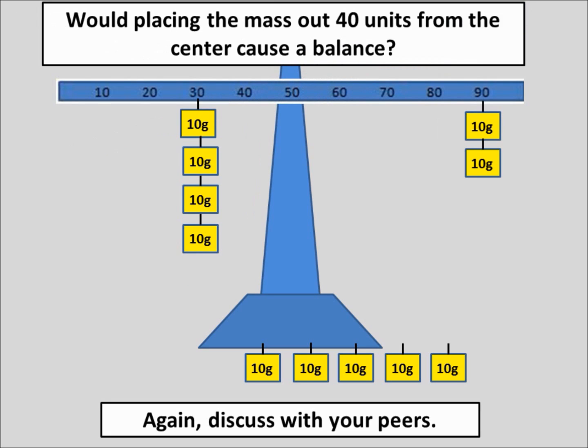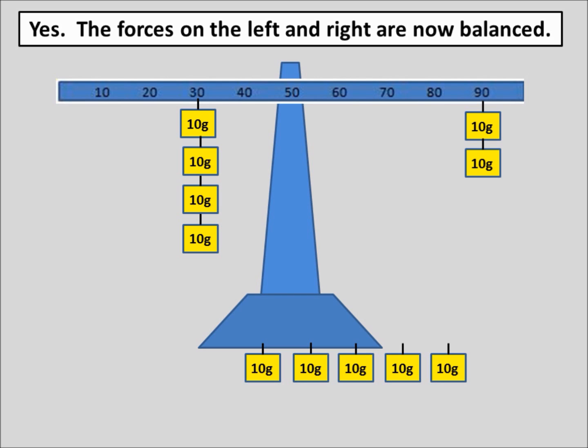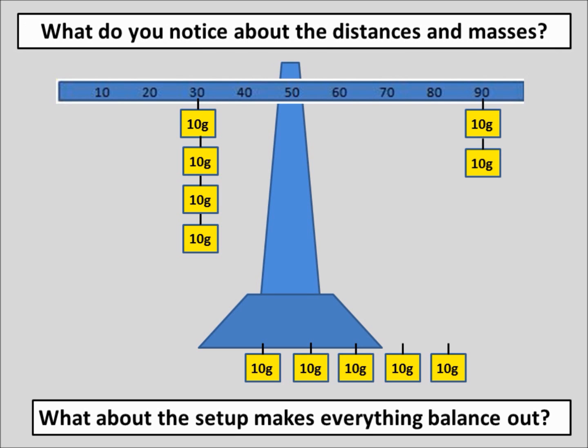Would placing the mass on the right at 40 units from the center cause a balance? Again, discuss with your peers. Yes, this time the forces on the left and right are now balanced, causing the lever to be in balance.